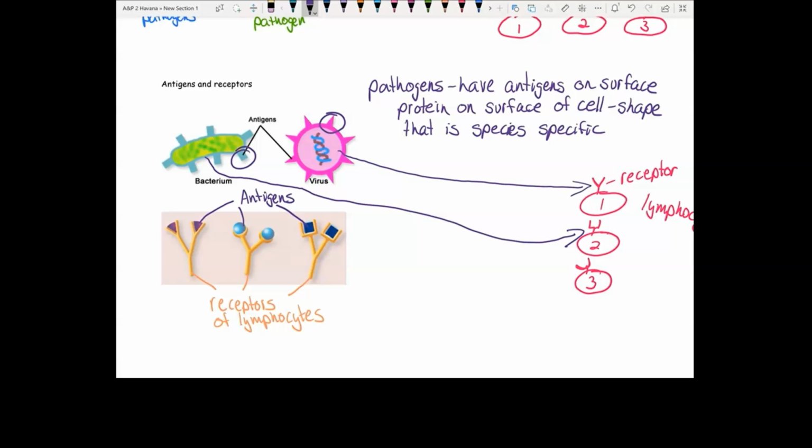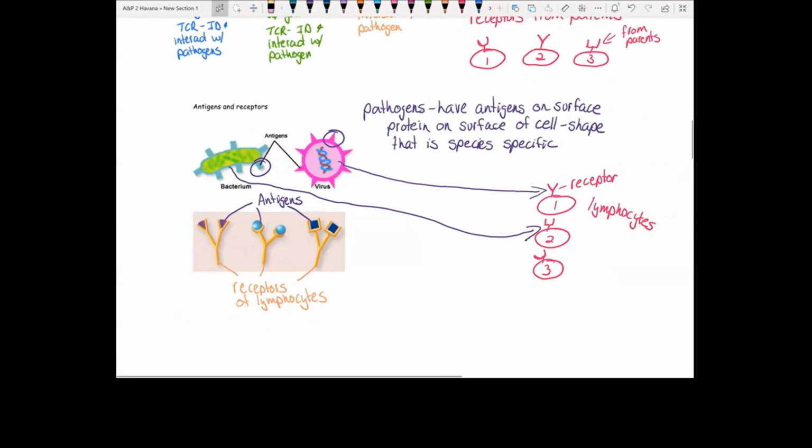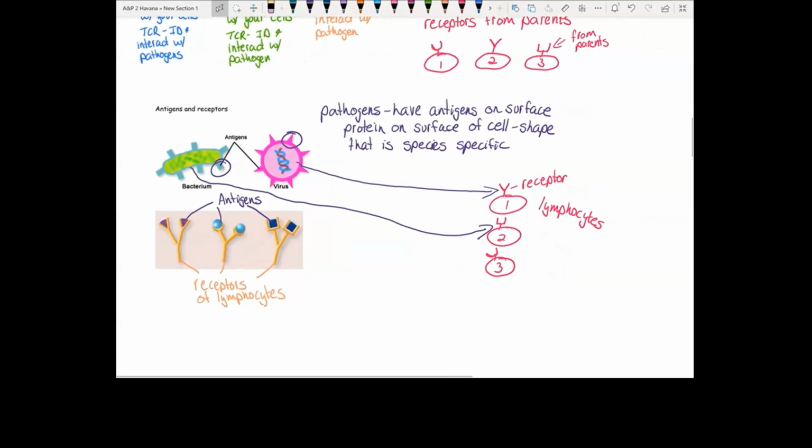So if this virus were in you making you sick, you would use lymphocyte number 1 to fight it. So this is how lymphocytes are specific. Their receptors match up to the antigens of pathogens. And then once you find that match, that's the lymphocyte that you use to fight that particular pathogen.